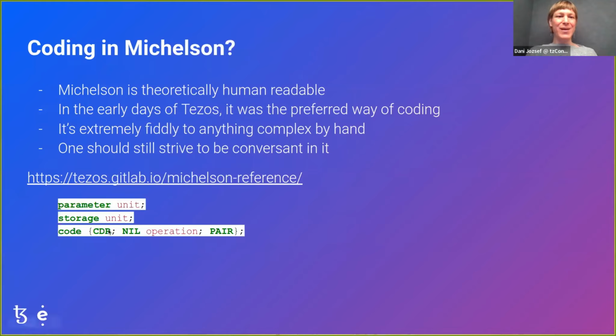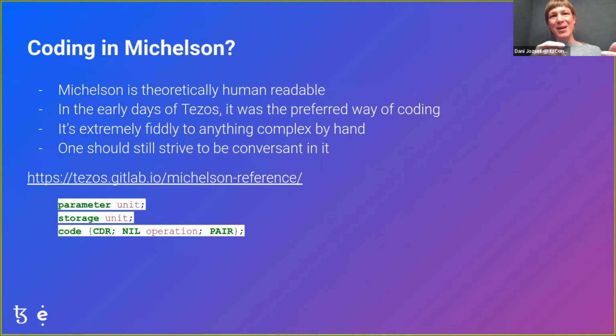So now after running this, when we call the contract, as we said, it is called with the parameter and the storage. So we have a tuple of parameter, storage. After CDR, storage will be on the top because we only took the right half. Then when we say NIL operation, that means we insert an empty list of operations, that is of the type operation, at the top of the stack.